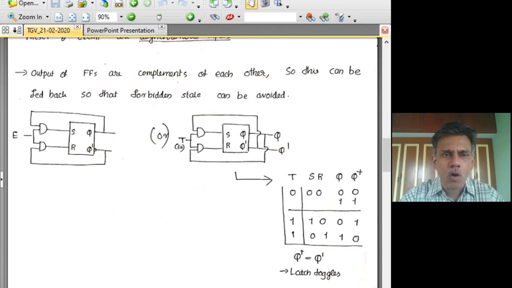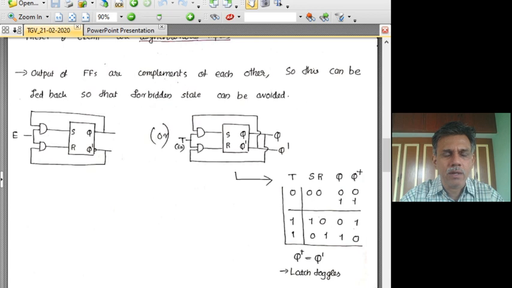So if you always feed inputs which are complemented in nature to the S and R inputs, then a 1 1 condition will never occur. It also follows that 0 0 will also not occur, but definitely the forbidden state will be avoided.